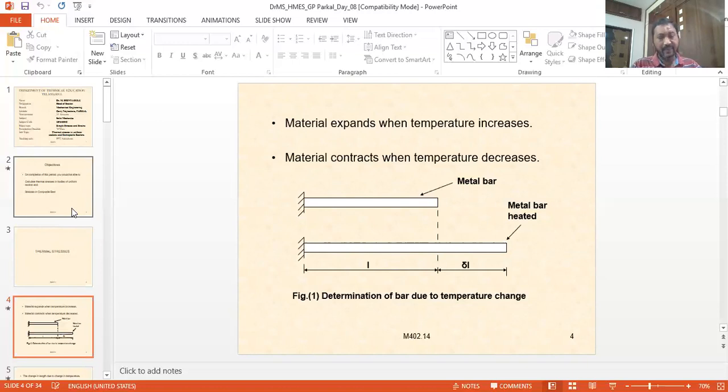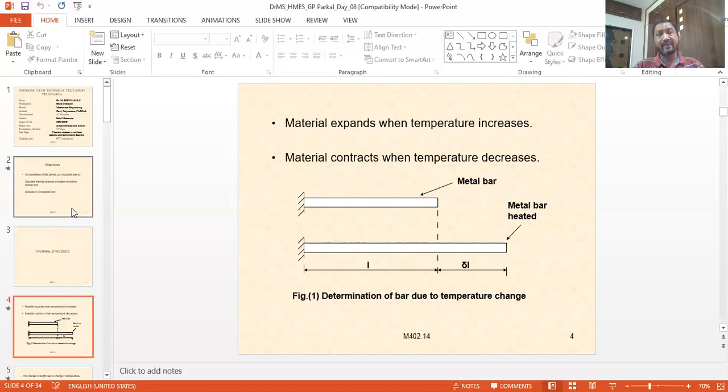It is also proportional to the original length. If the original length is more, automatically the increase in length will also be more. Like this, the expansion of the material will depend on some factors.